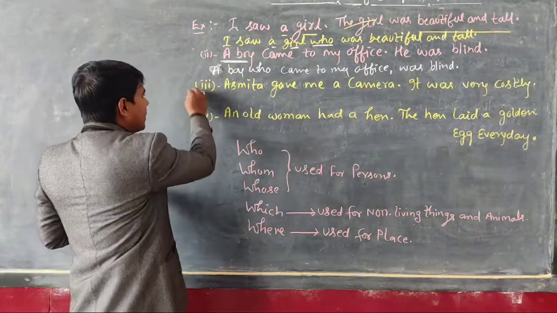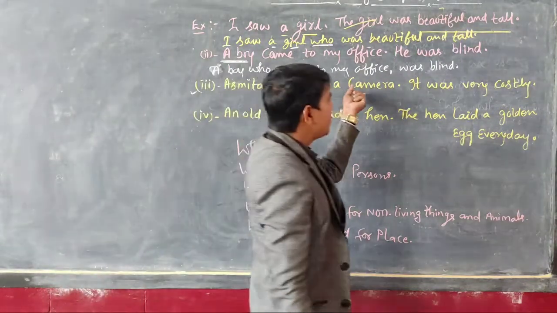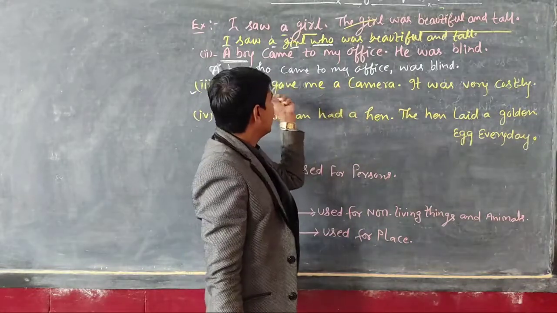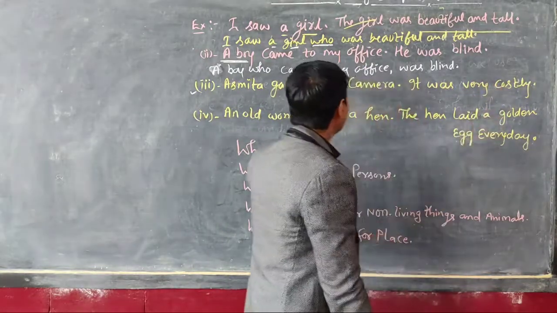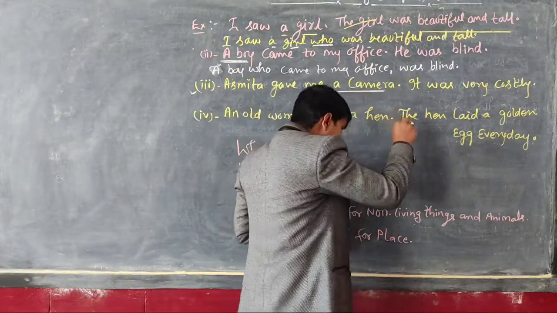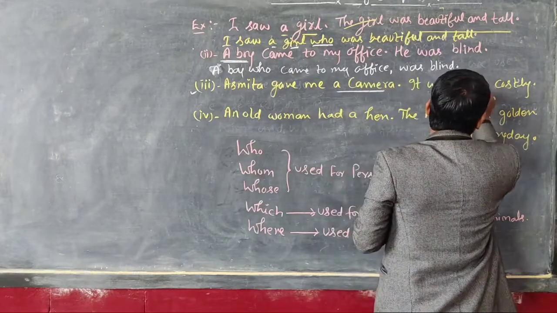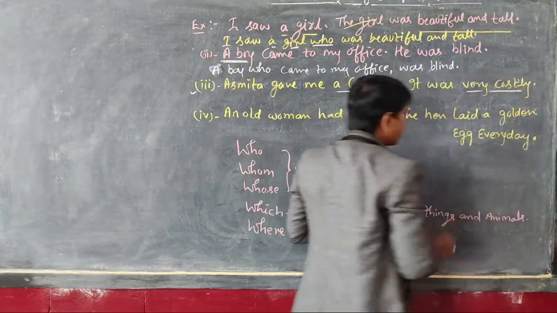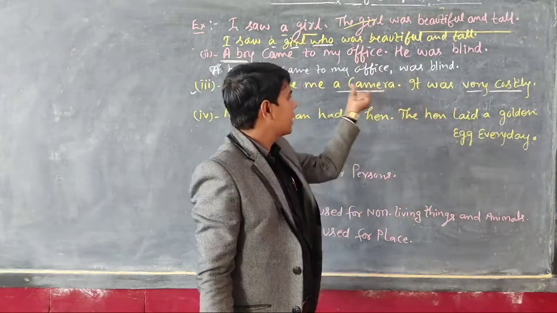Now see example number three. Asmita gave me a camera. It was very costly. You can see in the first sentence we are talking about a camera, and in the other sentence we have some additional knowledge about the camera. Very costly is the additional knowledge about that camera.